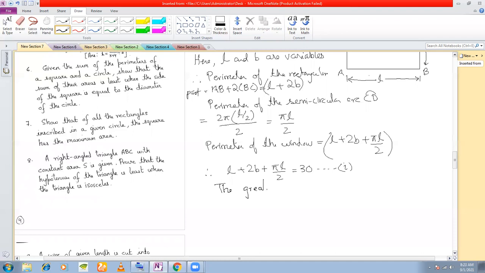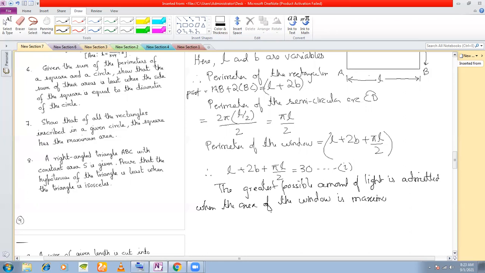The greatest possible amount of light is admitted when the area of the window is maximum possible. That means we have to maximize the area of the window.